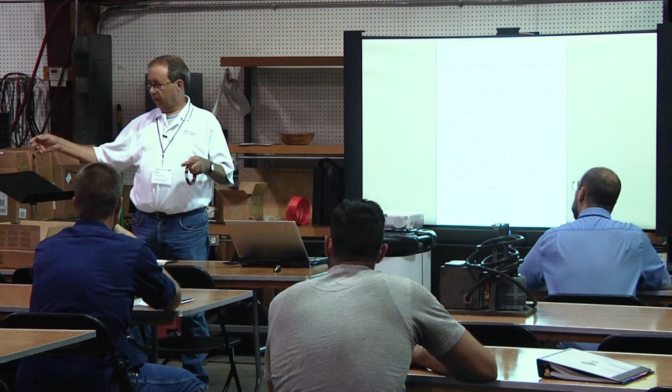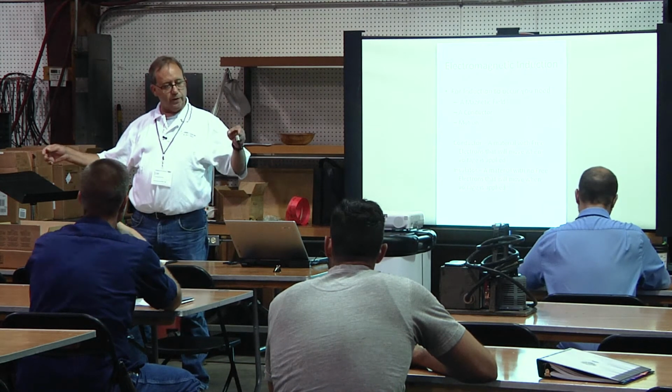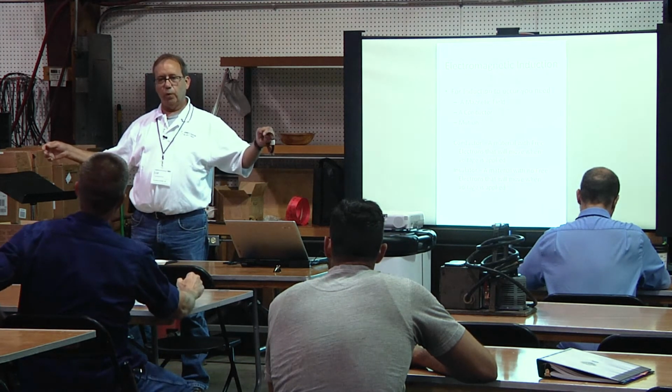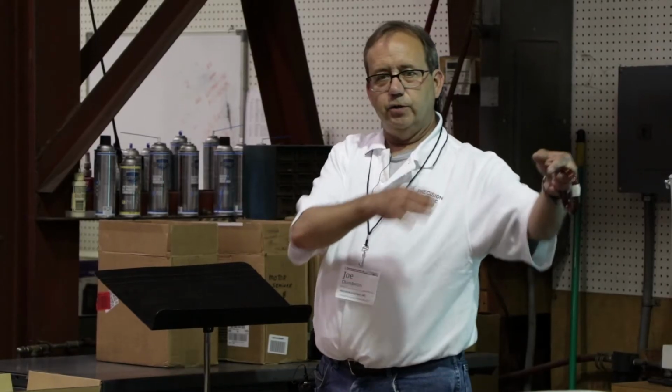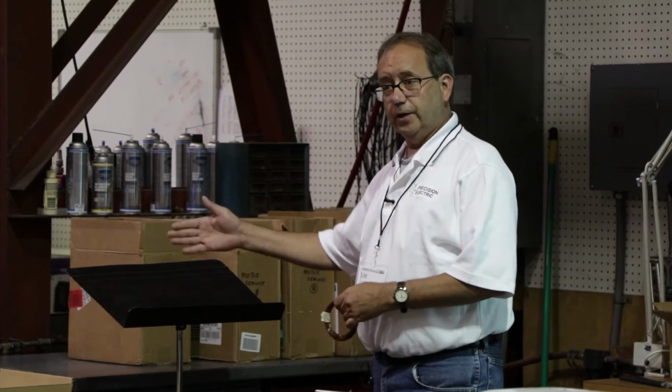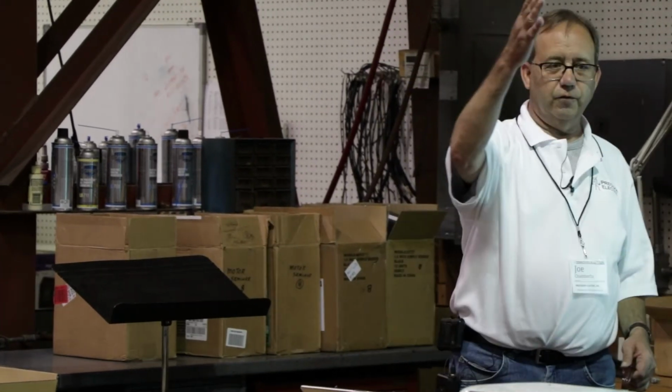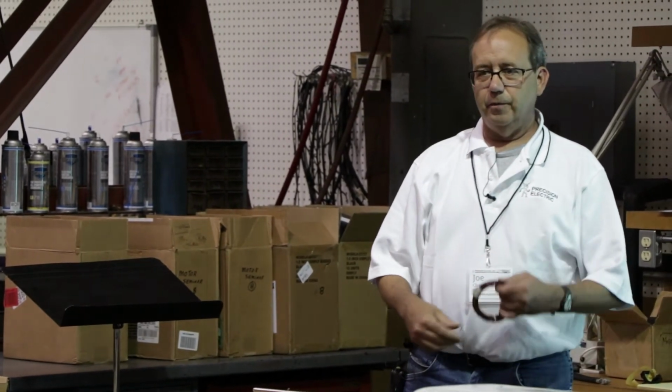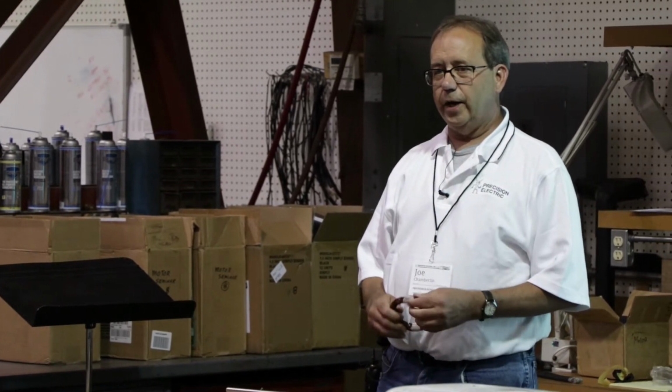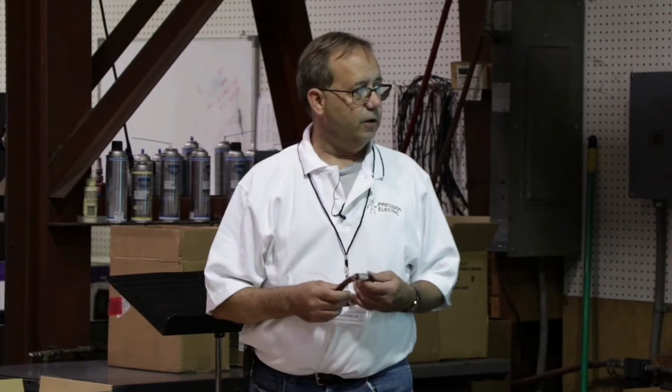It's taking one electron and bumping it into the one next to it, knocking another one off the end to do the work, and it just continues that chain reaction. So when you turn a switch on, it doesn't have to wait for the current to flow all the way to the light. There's one already sitting there waiting inside of the conductor to jump right in and start doing the work.